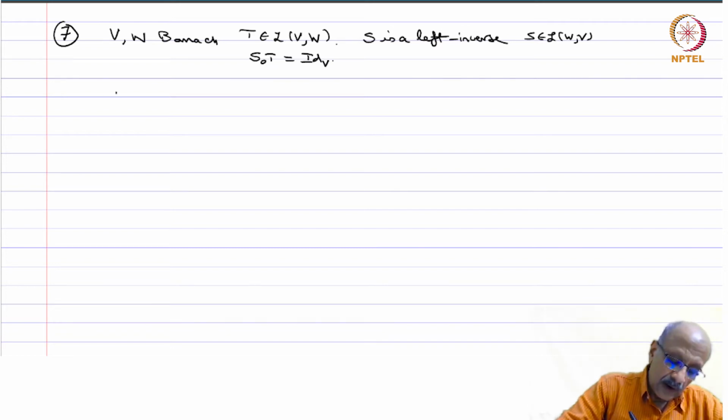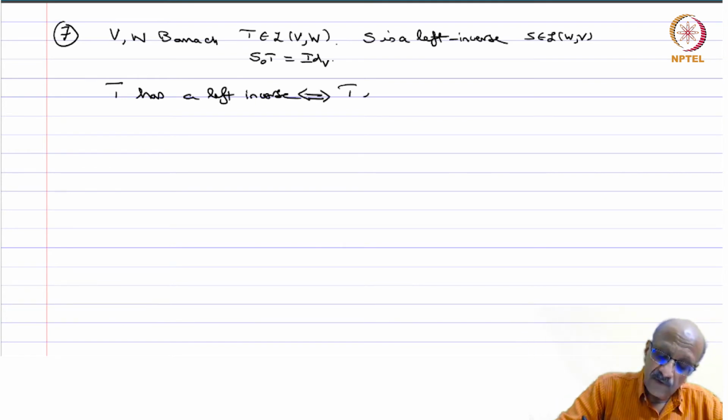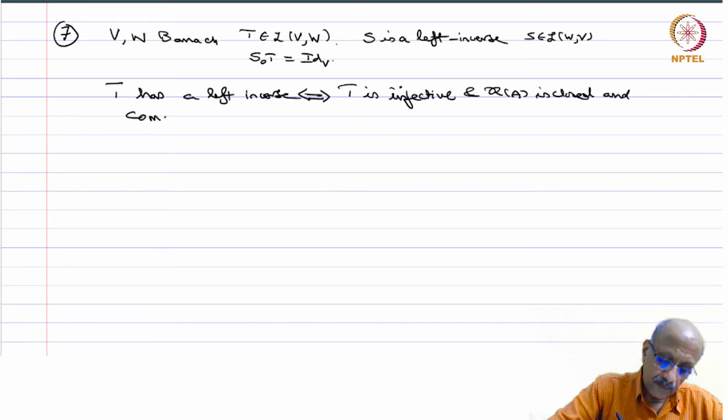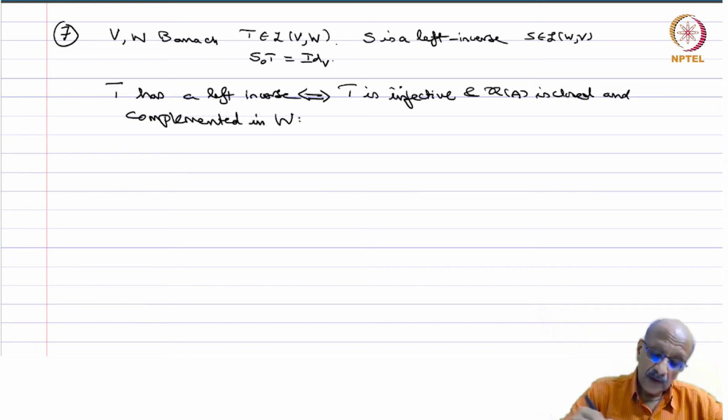Okay, so T has a left inverse if and only if T is injective, that is one to one, and range of T is closed and complemented in W. Okay, so these are necessary and sufficient conditions for existence of a left inverse.